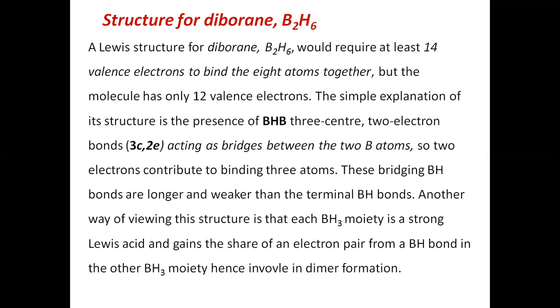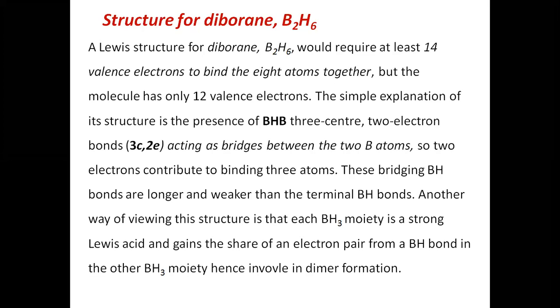All these terms are the same for one species. So BH3 is a very good example. Therefore, two BH3 approach each other and form a dimer called diborane. B2H6 is a dimer of BH3.